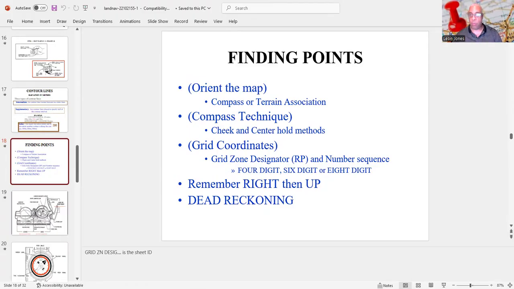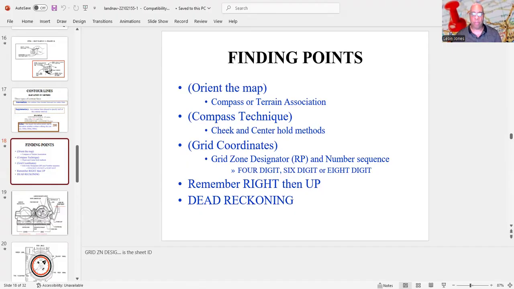there's a north arrow. Point that north arrow. Could be on a route. Sometimes if you're on a route, a state route or US or an interstate, it'll tell you. But what you do, you orient the map. Compass or terrain association. Compass technique.